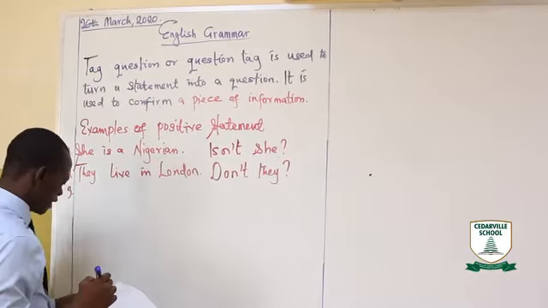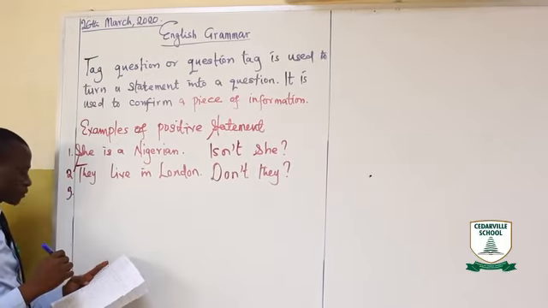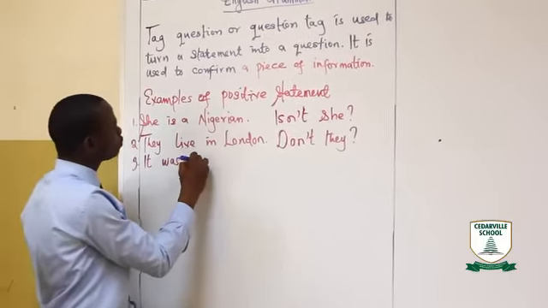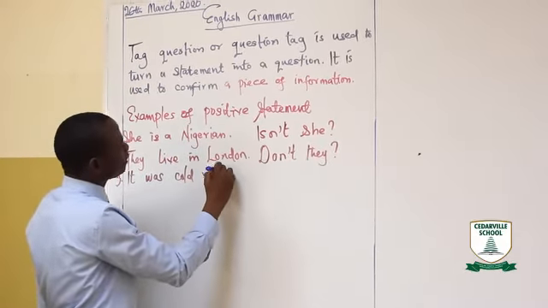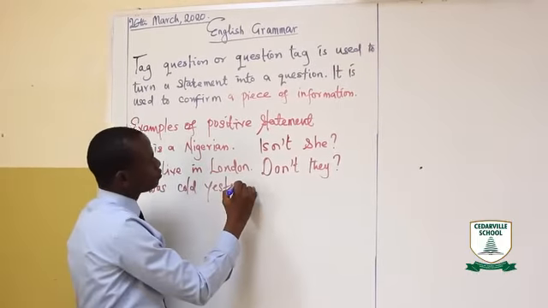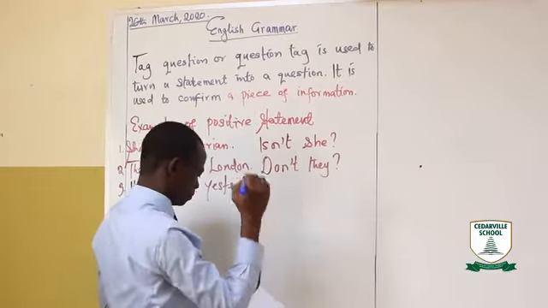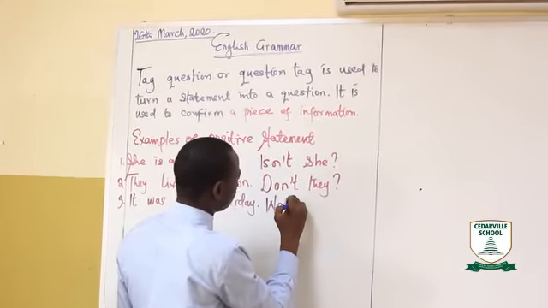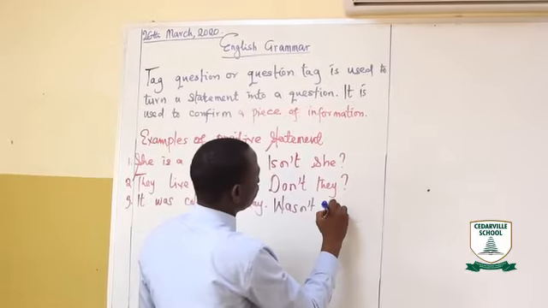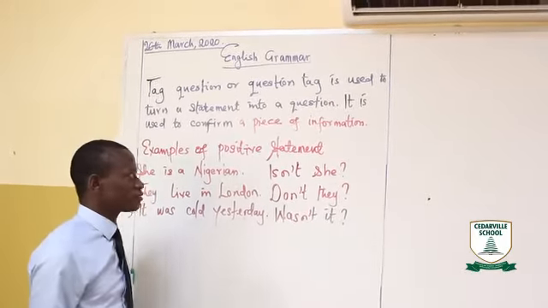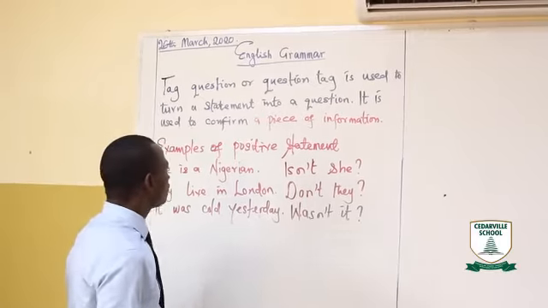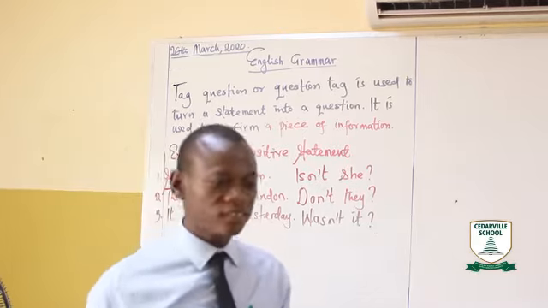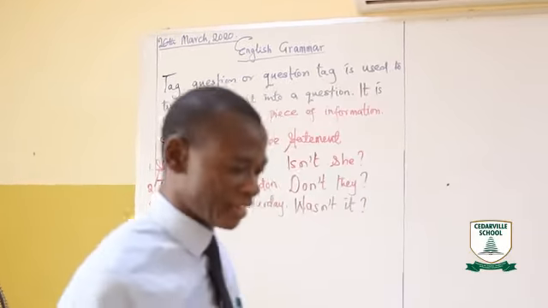Number 3: It was cold yesterday. A positive statement, then the question tag is going to be negative. Wasn't it? With this, you can see examples of positive statements attracting a negative question tag.